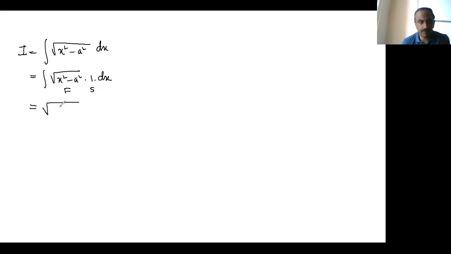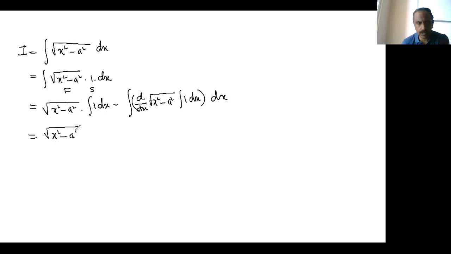So first into integral of 1 dx minus integral of derivative of first into integral of second. Now I can write this directly: root of x square minus a square into x minus derivative of this, 1 by 2 root of x square minus a square into 2x, into integral of 1, x dx.